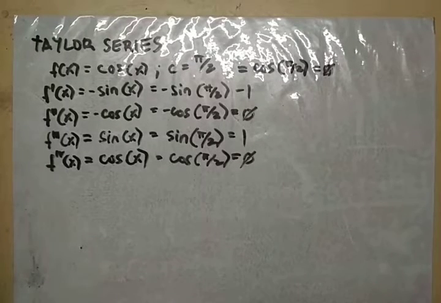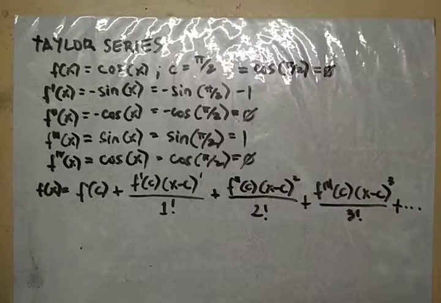And for cosine of pi over 2, we have 0. So next, here we have our general series expression for the Taylor series.